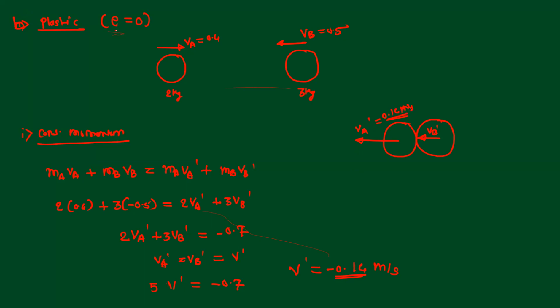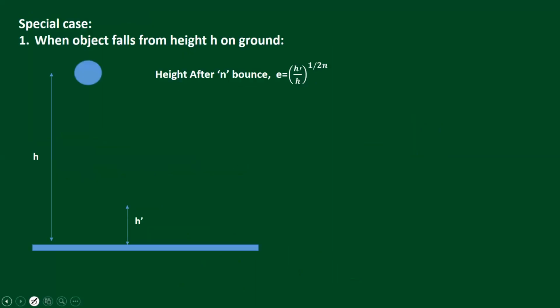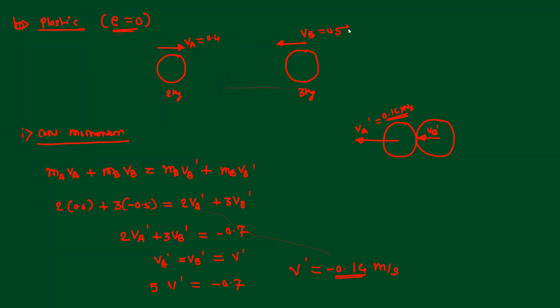So for plastic impact, there is a loss of kinetic energy. To determine the loss of kinetic energy, we have to find out the kinetic energy before impact and the kinetic energy after impact.